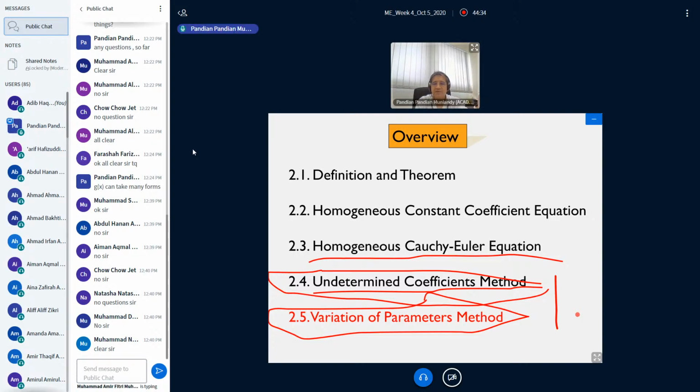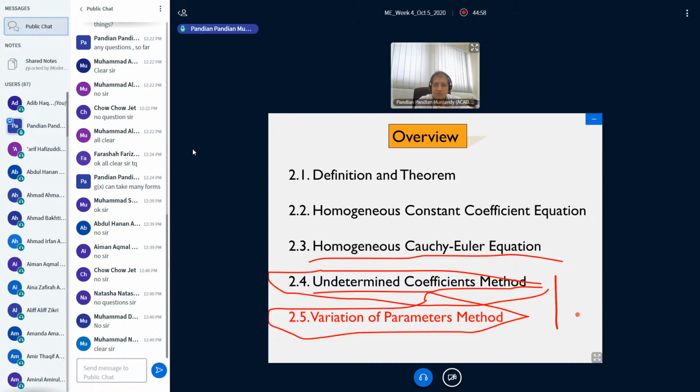For the variation of parameters, the difficulty is about the G(x). That's why it is different from undetermined coefficient method. If you can use undetermined coefficient method, then you no need to use variation of parameters. You no need to do it twice. So you have to select which one.